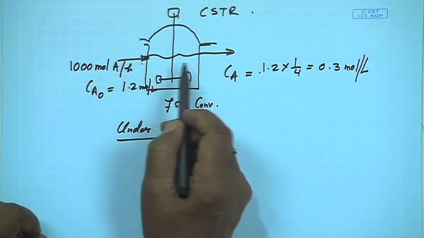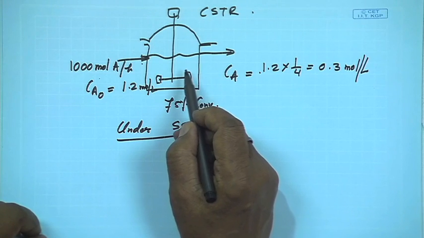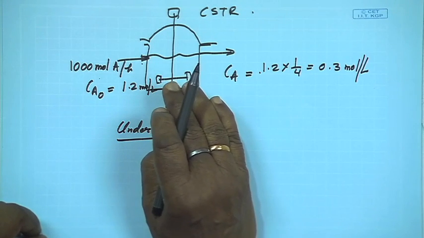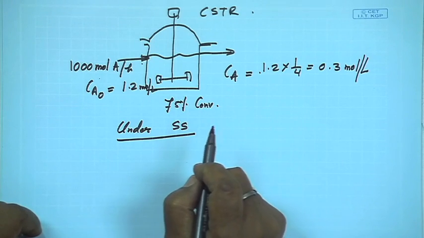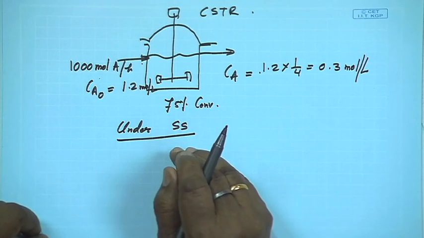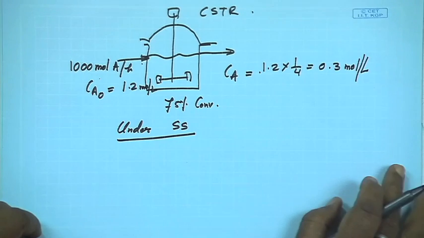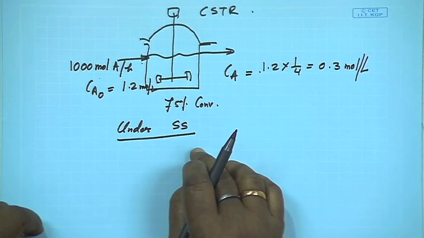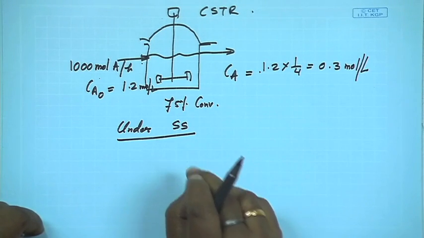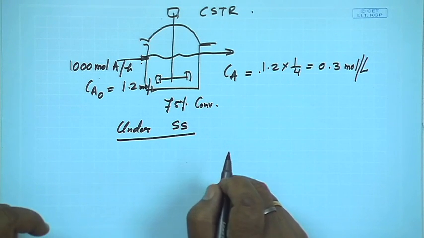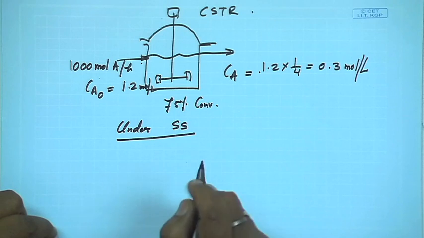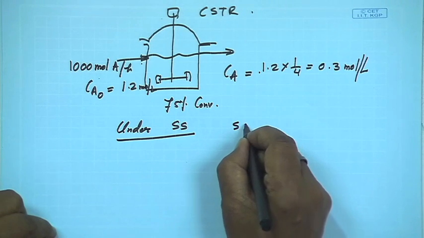If you run the system for an infinite period of time, a time will come when the substrate concentration in the reactor will be uniform, and then and only then the steady state condition will be reached. This is possible when the rate of accumulation of the substrate is equal to 0, and that is the basic thing that we have. And so, under steady state condition, S is constant.